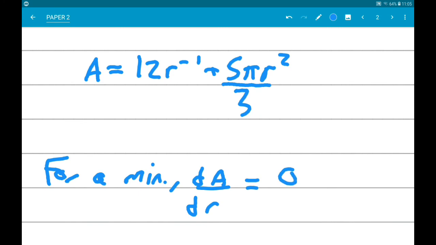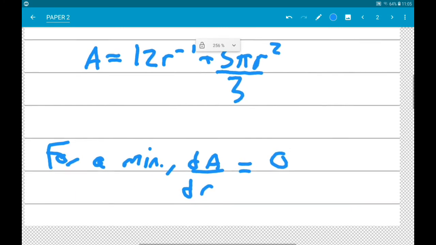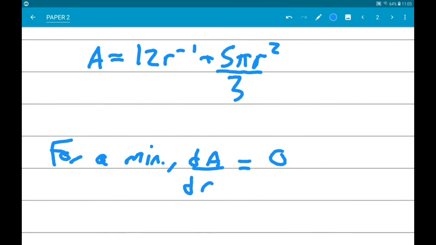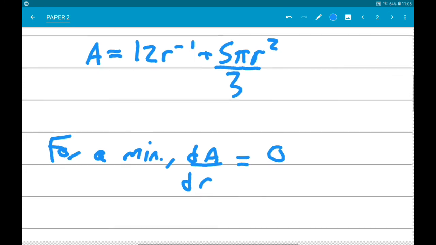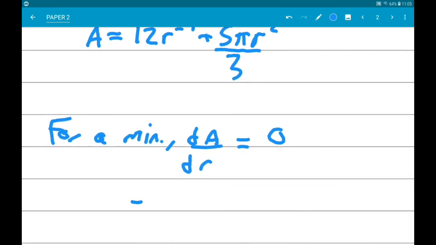Alright, so 12r to the minus 1 differentiates to minus 12r to the minus 2, or minus 12 over r squared. And then 5 pi r squared over 3 differentiates to 10 pi r over 3.